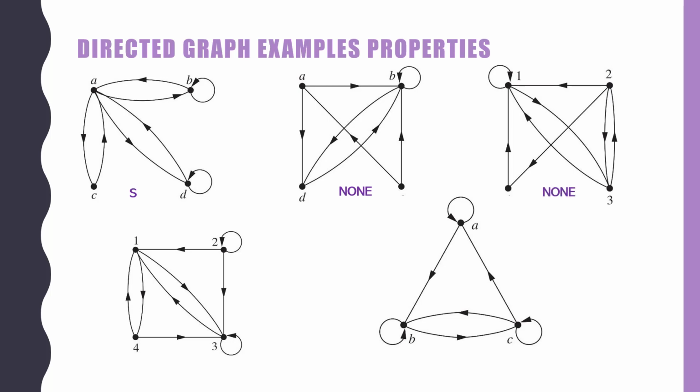Also none. It's pretty easy to see that it's neither reflexive nor irreflexive. For reflexive and irreflexive, you're looking for the loops on themselves. If you have all loops, reflexive. If you have no loops, irreflexive. If you have any combination of some and none, then it's neither of those two. That's easy. As far as symmetric goes, what do we look for?